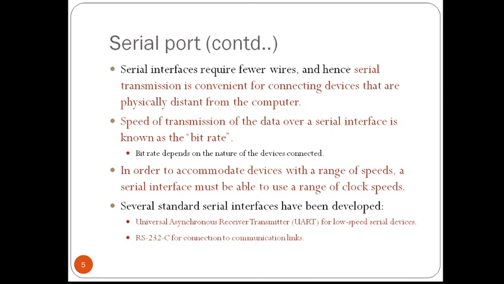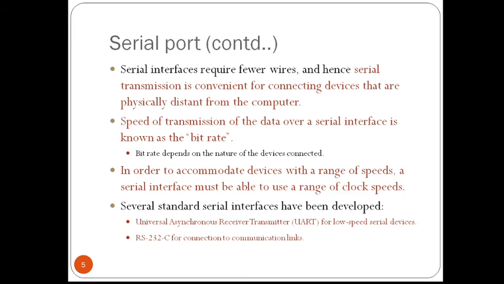Thus, provided the processor reads the contents of the data in register before the serial transfer of the second character is completed, the interface can receive a continuous stream of serial data.